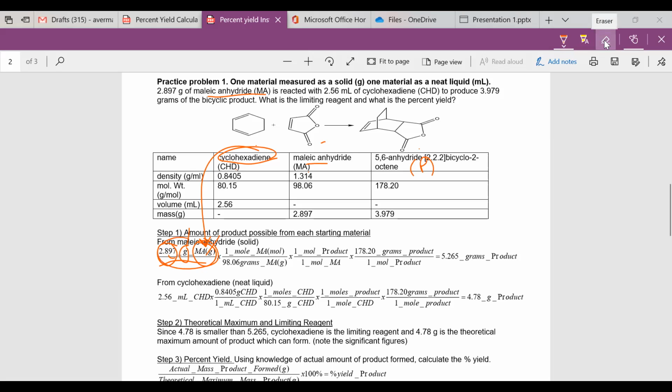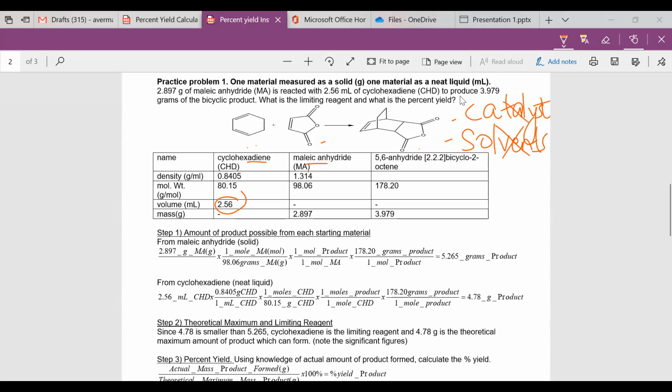At this point, look at the amount. The amount of cyclohexadiene. When you're looking at the starting materials, do not use catalysts or solvents as your starting materials.